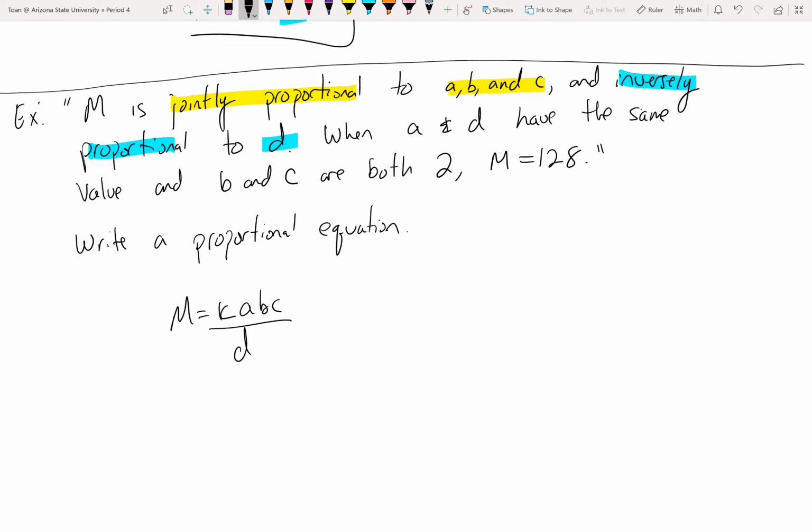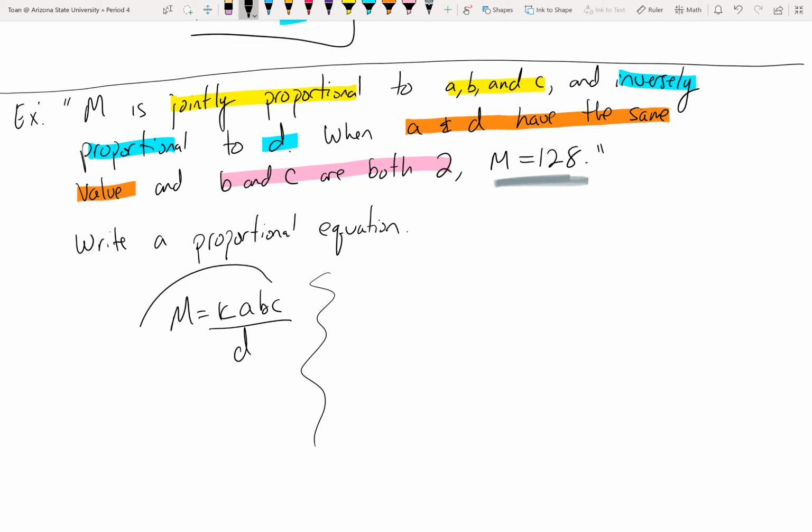Pretty simple, straightforward. Because they gave me numerical information, all I'm going to have to do is plug it in. Plug in the information that they give you. So hopefully we can just read that they say that A and D have the same value. They tell you that B and C is 2. And they tell you that M is 128. So just plug all that information in. So I'm going to use this equation to plug stuff in.